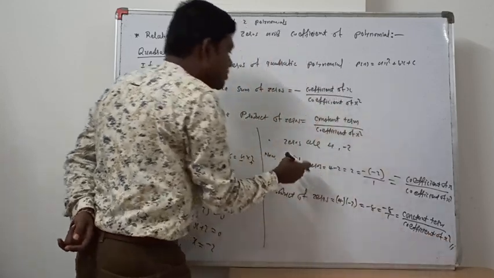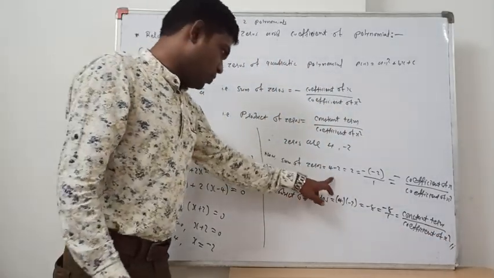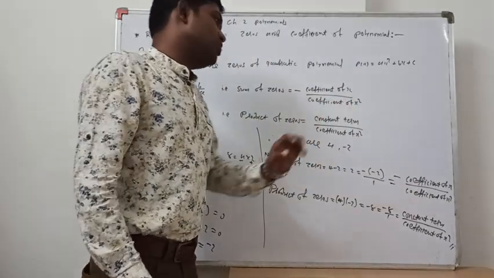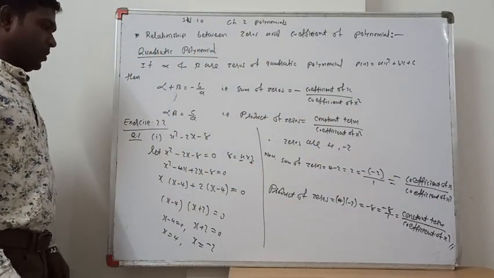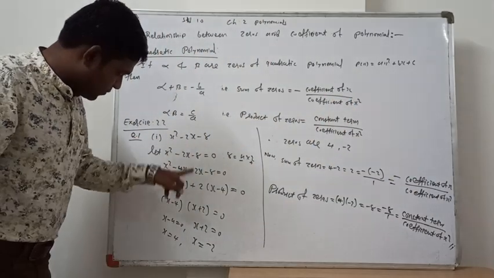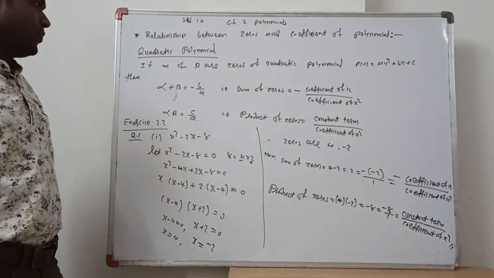So this is our relationship between zeros and coefficients of that quadratic polynomial. So this is the answer of our first question, right?